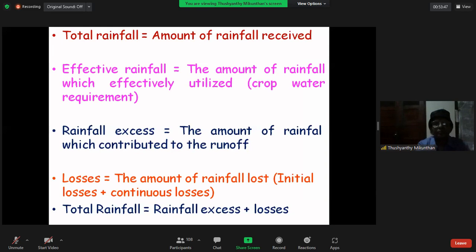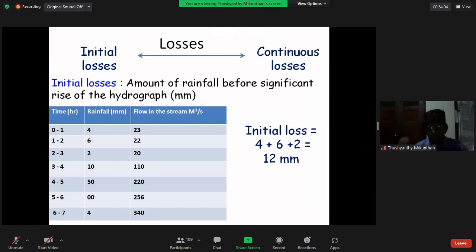Some of the terminology we are using in the hydrograph: total rainfall, effective rainfall, rainfall excess, initial losses. There are two: initial loss plus continuous loss. The definition for initial loss is the amount of rainfall before significant rise of the hydrograph.